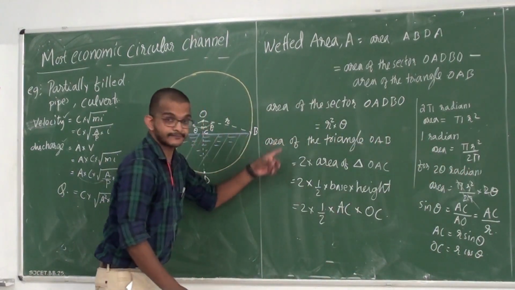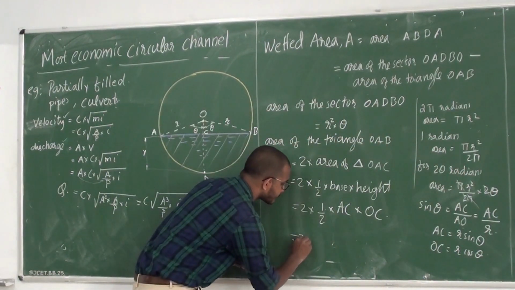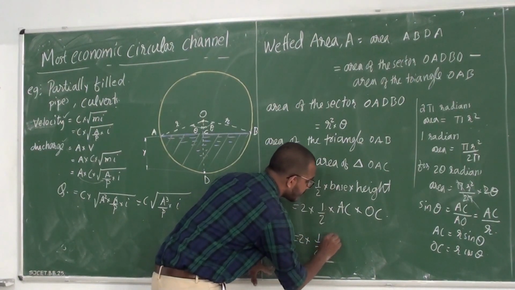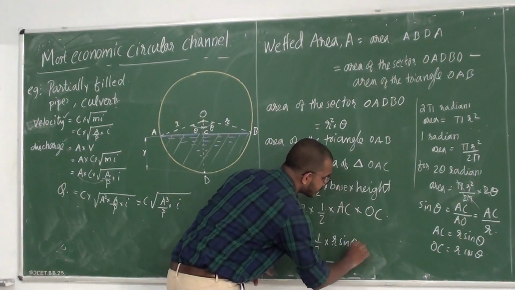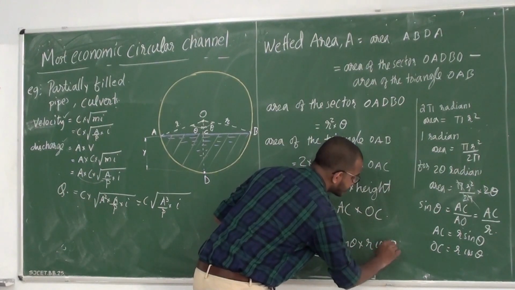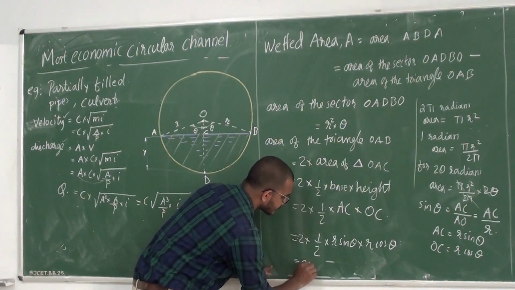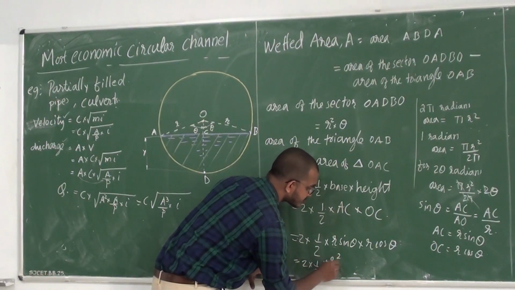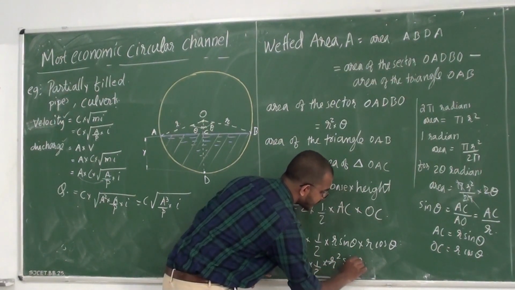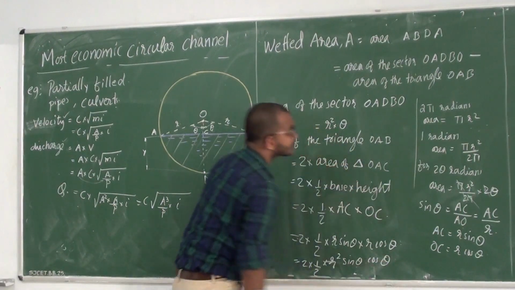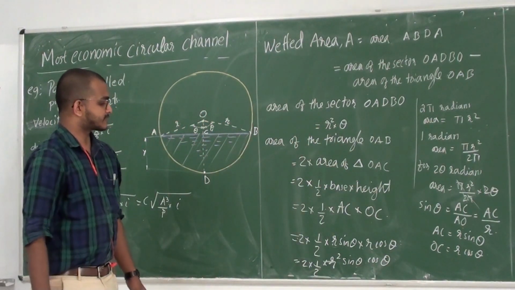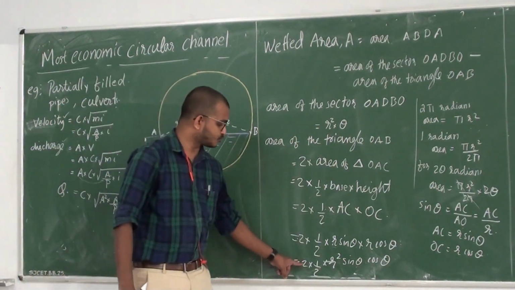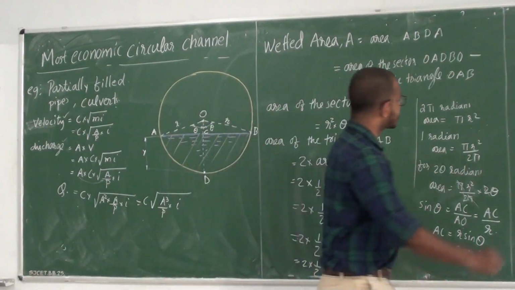So that means the area of the triangle is equal to 2 into half of R sin theta into R cos theta, equal to 2 into half of R square sin theta cos theta. We know that 2 sin theta cos theta is sin 2 theta.